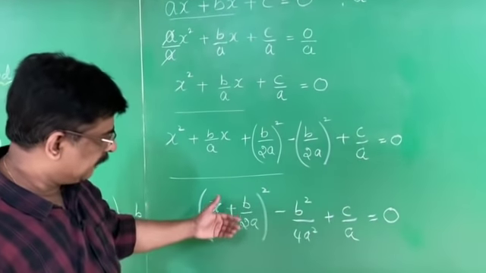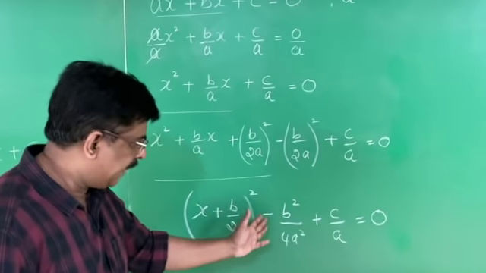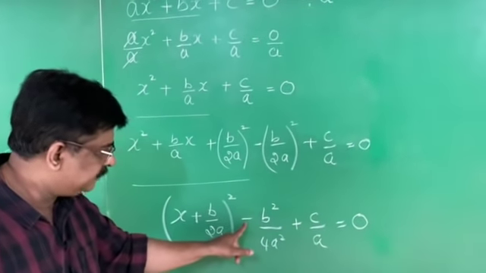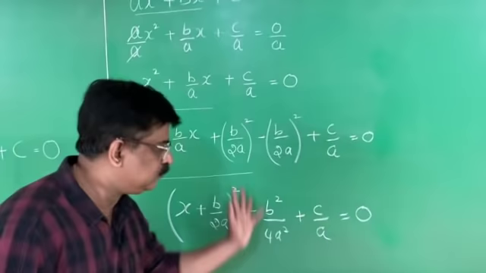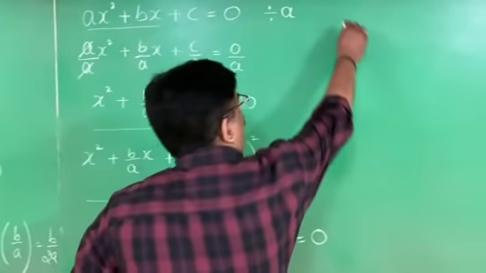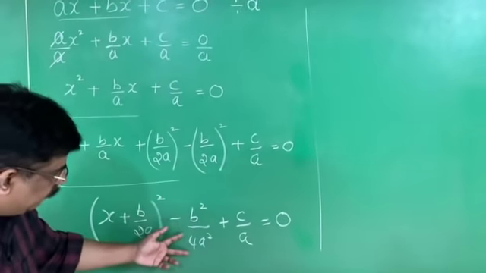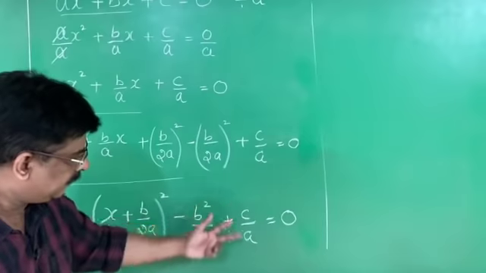Now, in this method, what is better is that these are not numbers. To identify the proper sign, it is better to transfer these terms to the RHS and then simplify. Then it becomes easier. Okay. Now what I do is I transfer this b square by 4a square and c by a to the RHS.